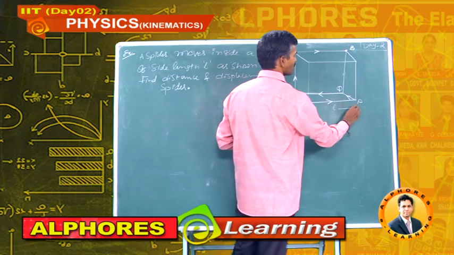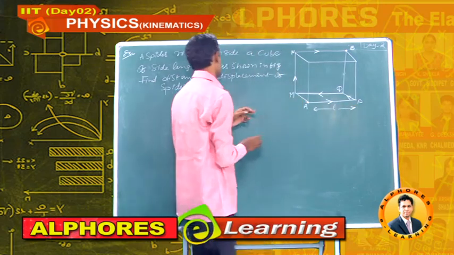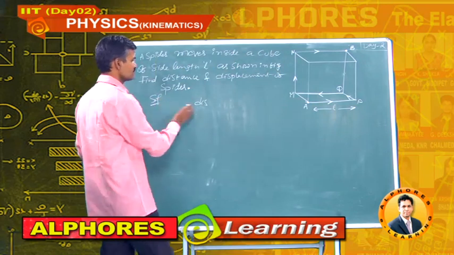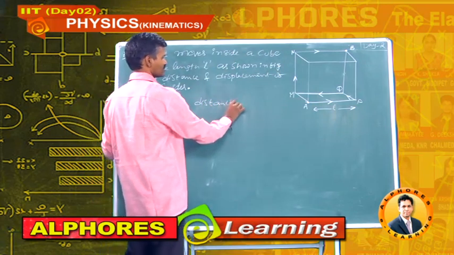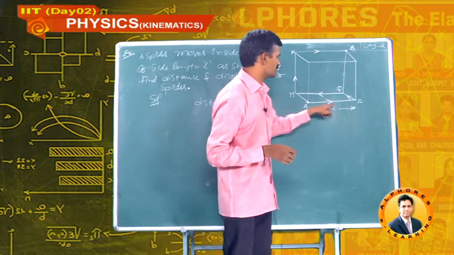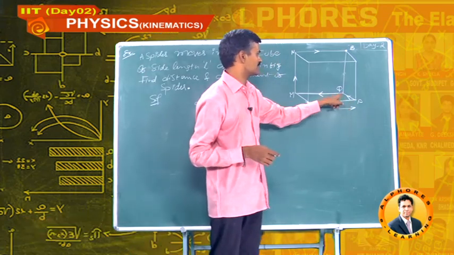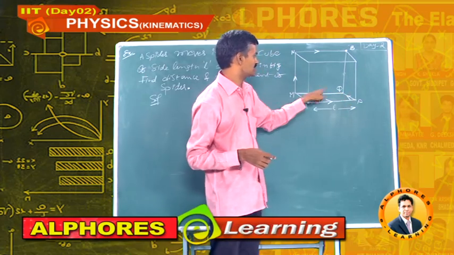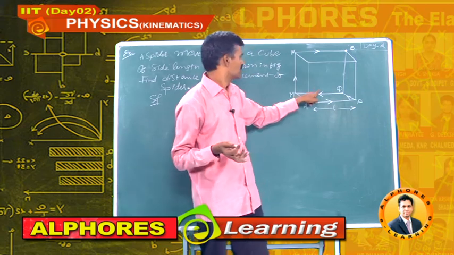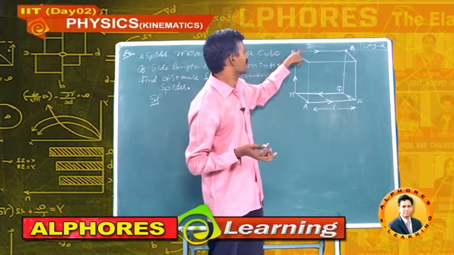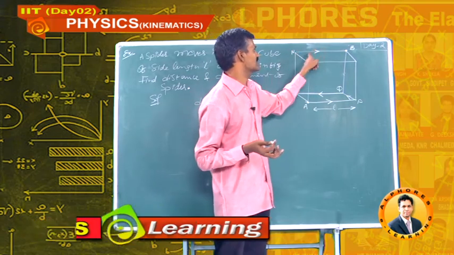Let L be the side length of the cube. The distance traveled by the spider is some s. Here it travels distance L, and here L, and here L. L plus L plus L is 3L. Here to here it travels another distance L, that is 4L, and here to here another L, that is 5L.